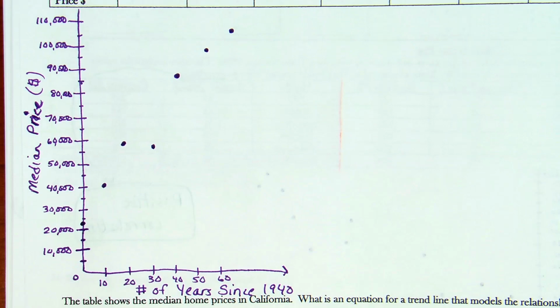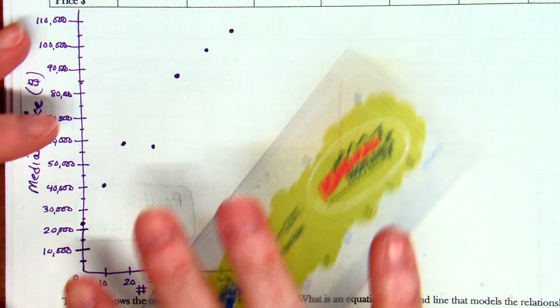Okay, definitely a positive correlation here, yes. As the years are increasing, the median prices of homes are increasing. Now, as we think about an equation here, first of all, I'm going to try and draw a line in. As I draw a line in, I kind of want my line going through the middle, right?